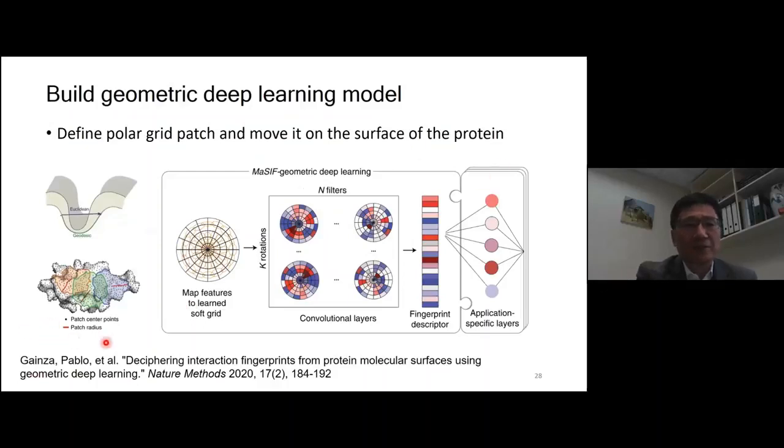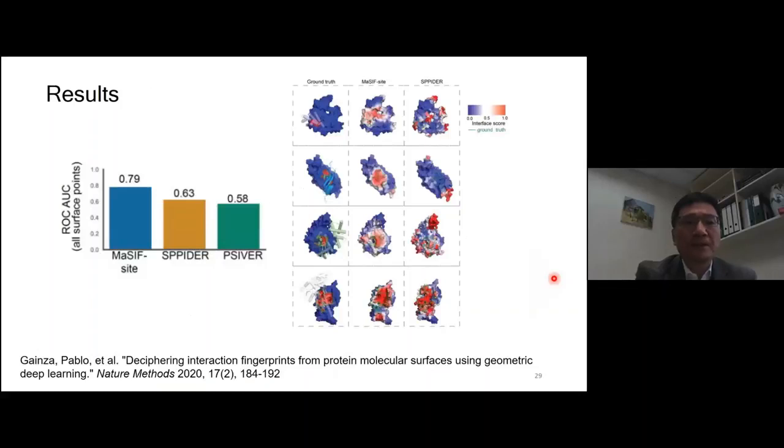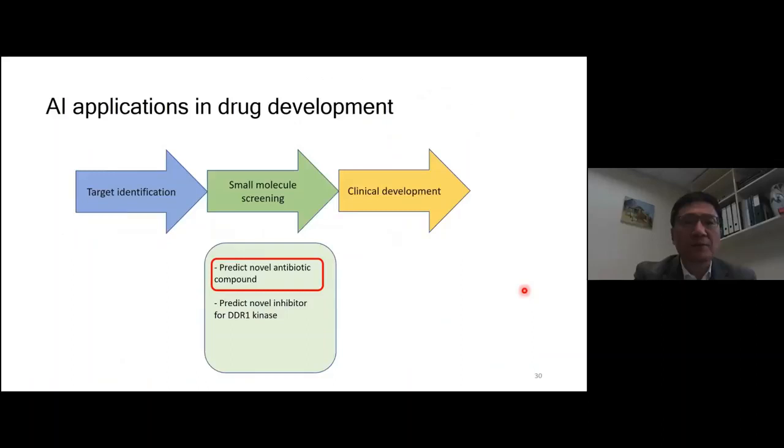Okay. As I showed you in the flow chart here, these are the convolutional layers, and we have the fingerprint descriptors, and then the application specific layers. In this case, of course, I showed you the results, and we have, for example, MaSIF-site, SPPIDER, and so we have the typical details on the protein molecular surface using this geometric deep learning approach.